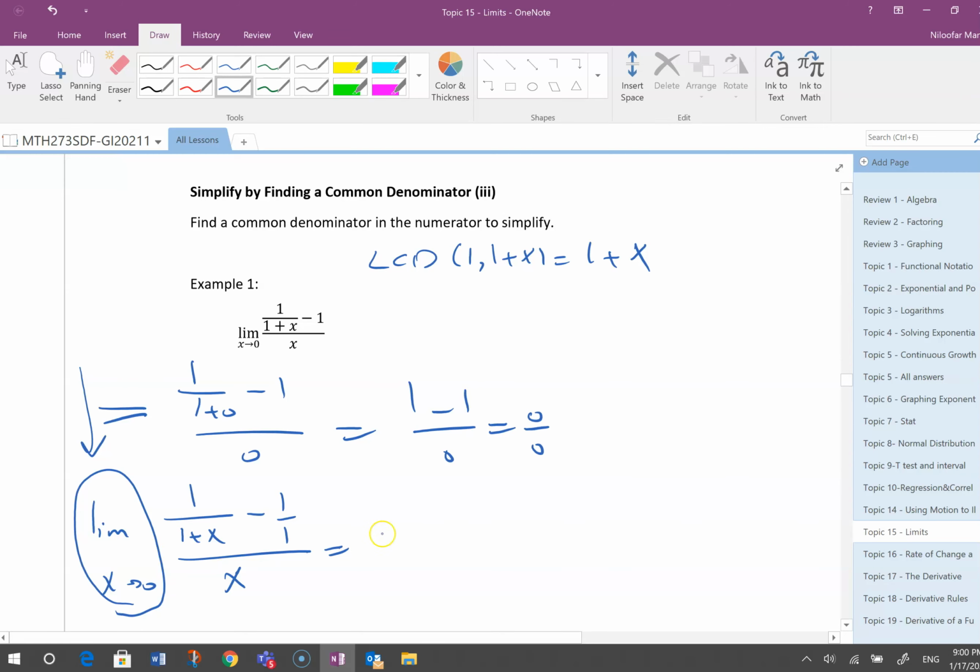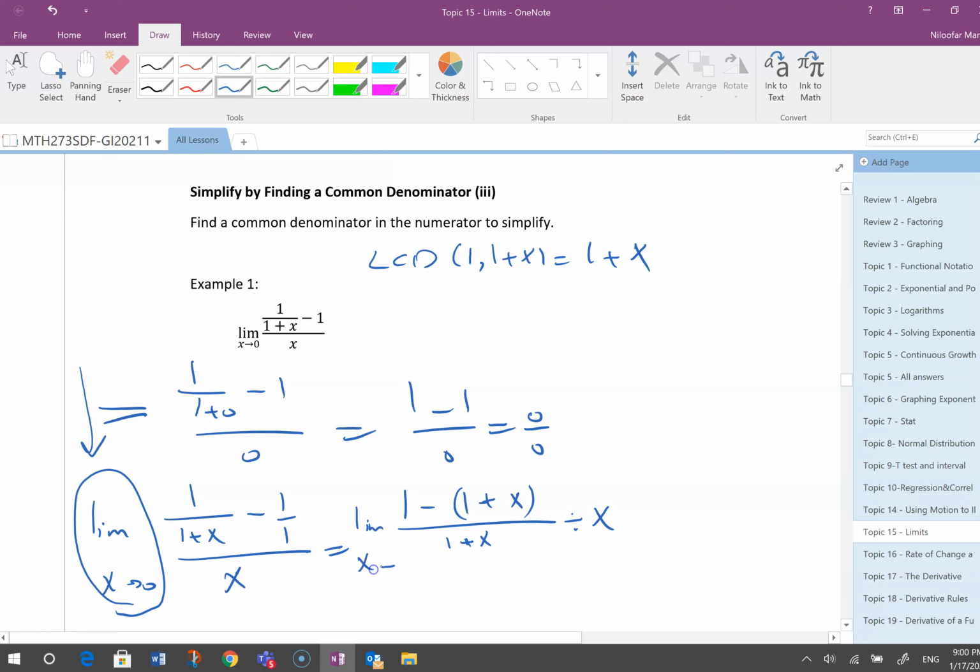Okay, limit this. So it is 1 minus (1 minus x over 1 plus x) divided by x. Maybe I do it step by step. So minus this plus, I need brackets.